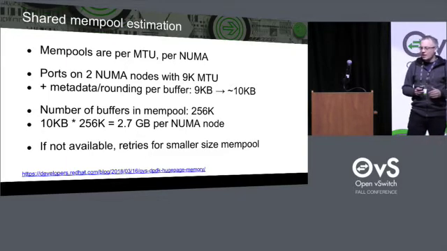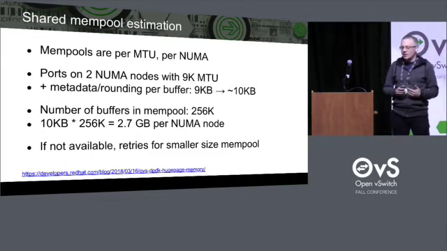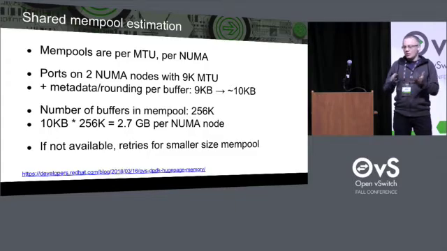Okay, so just as an example of how you do an estimation for a shared mempool. We know the size of the mempools is based around the MTUs and the NUMA models, and that decides whether we can share them or not. So for example, if we had ports on 2 NUMA nodes with a 9K MTU, when we add in metadata and some rounding per buffer, that goes to about 10K.